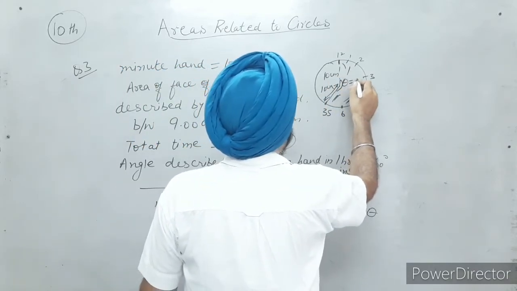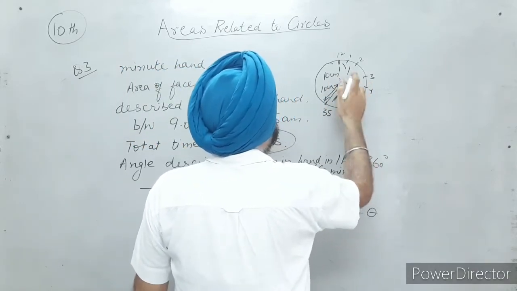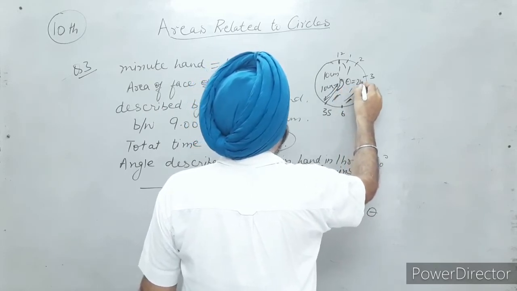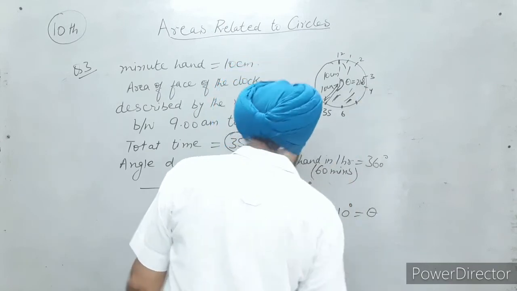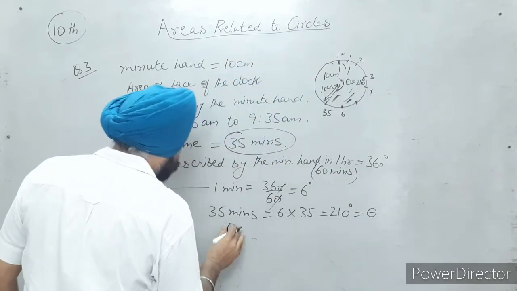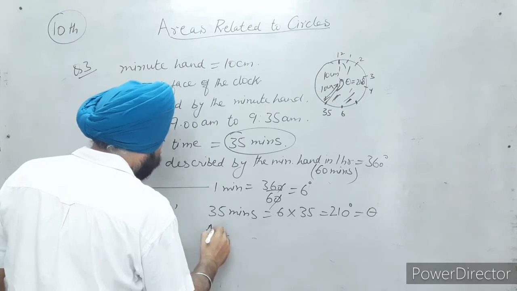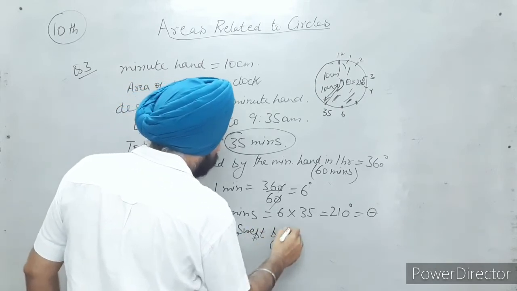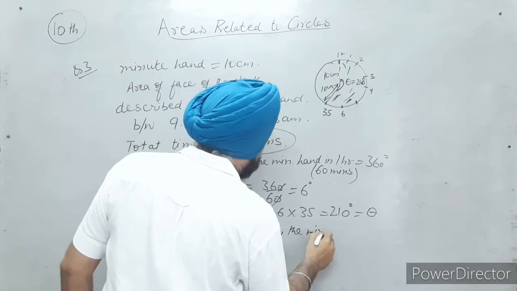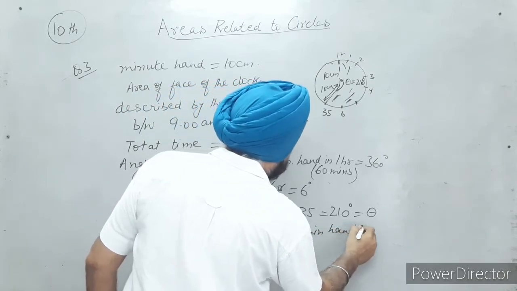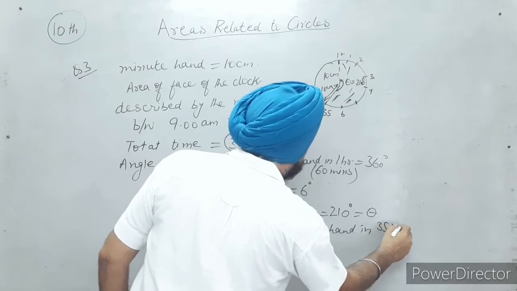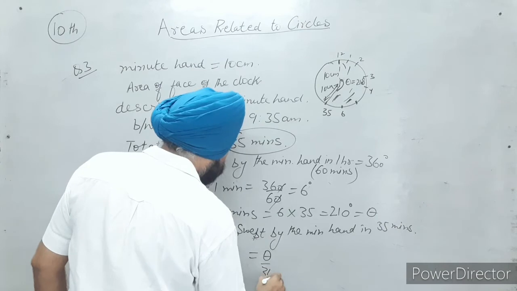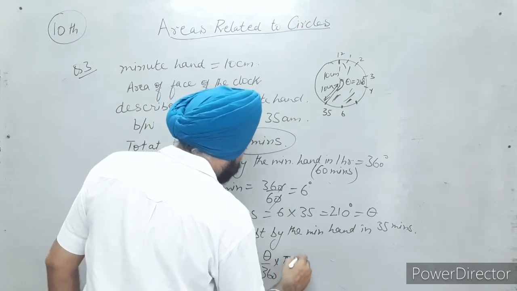Theta is given to you, I have calculated, theta is this, 210 degrees. Now let me write the area swept by the minute hand in 35 minutes, that is theta upon 360 into pi r square.